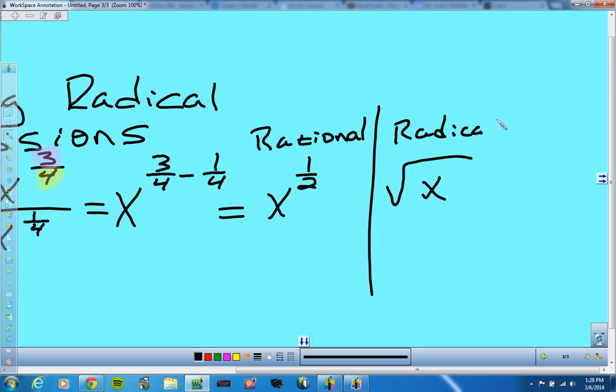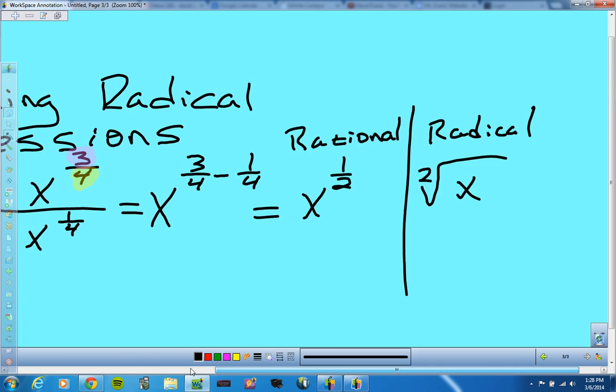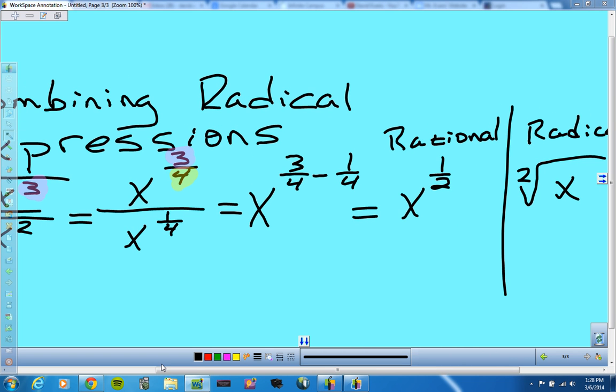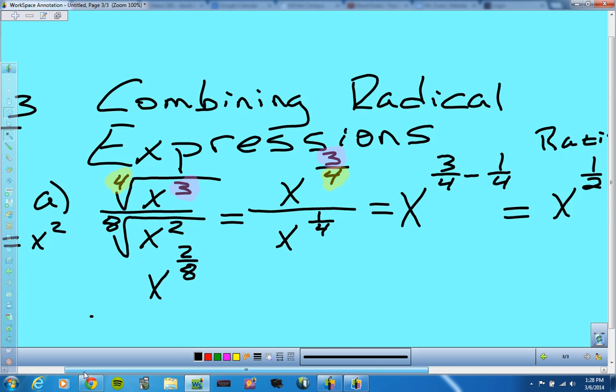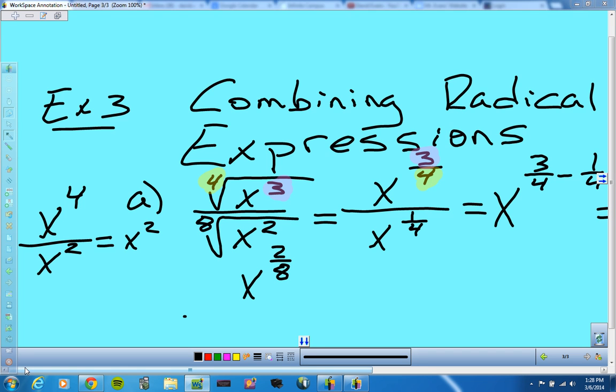If it helps you to put the little 2 in there so you know where the denominator went, then put it, but you don't have to. So this bottom would become x to the 2/8 power, and we just reduce 2/8 to 1/4. Good. All right.